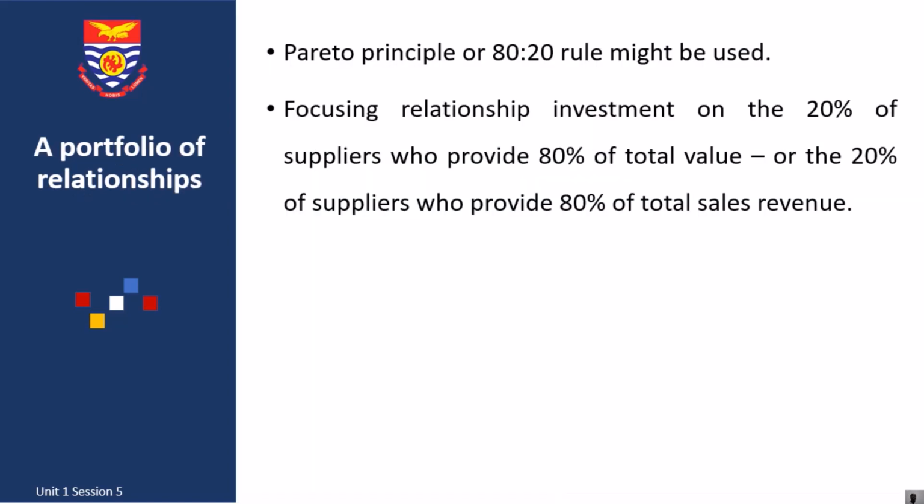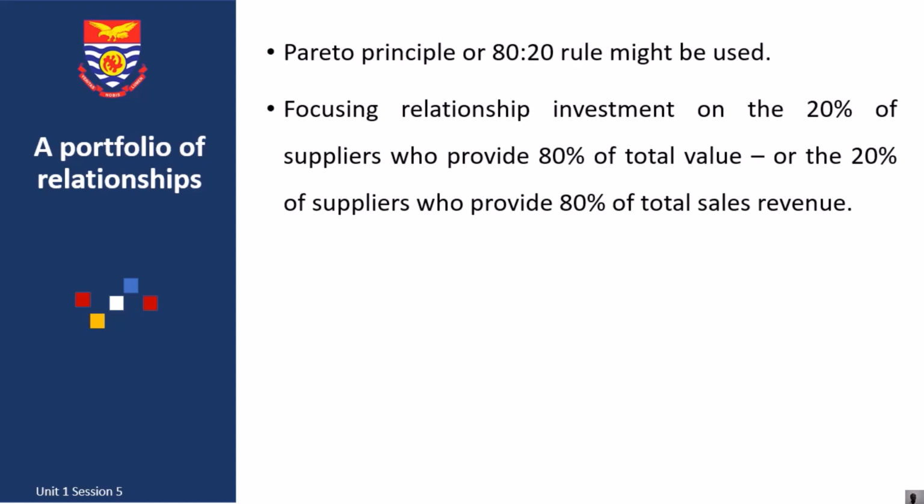Then if you have a portfolio of relationships, that is, you have wide-ranging suppliers who supply you with different types of products and services, depending on the value that these suppliers have on the business, you need to adopt certain criteria which will help you to prioritize relationships with each of these suppliers.